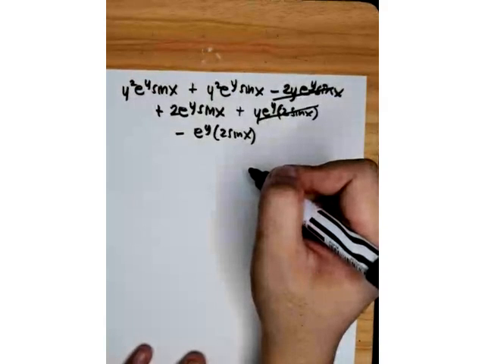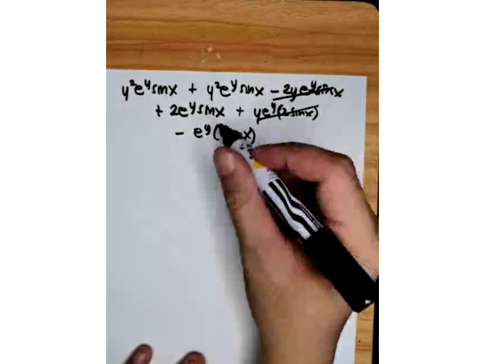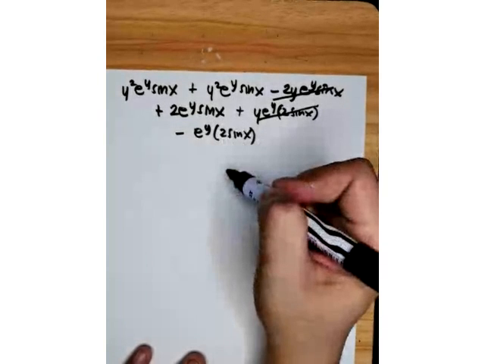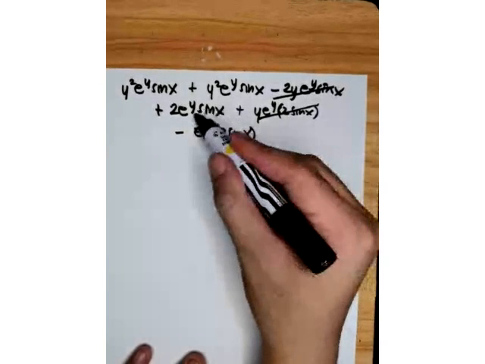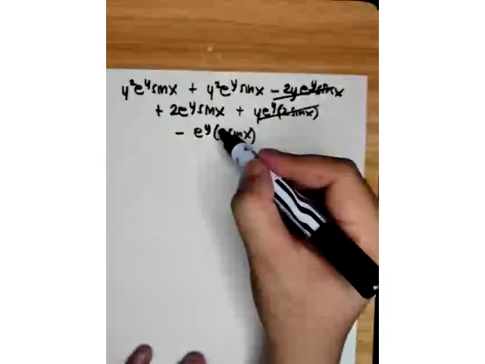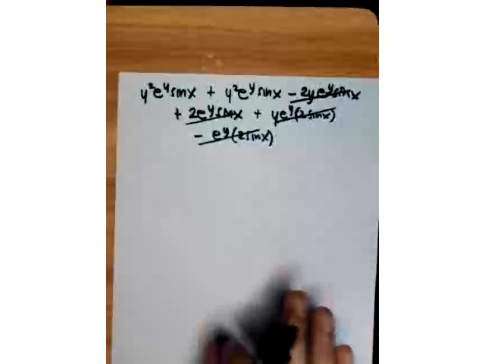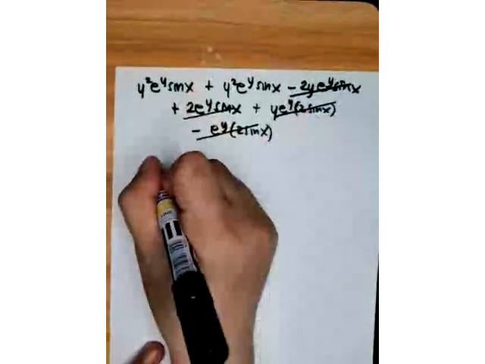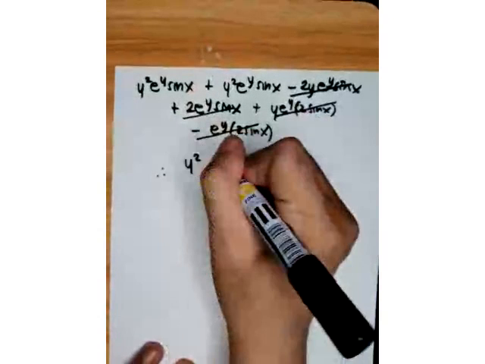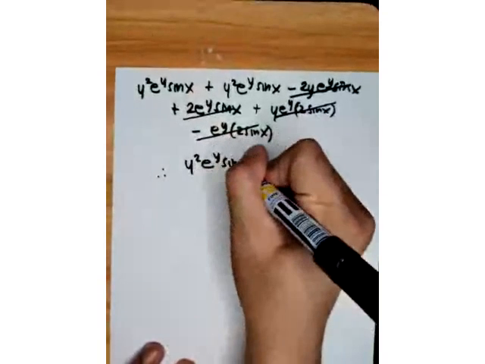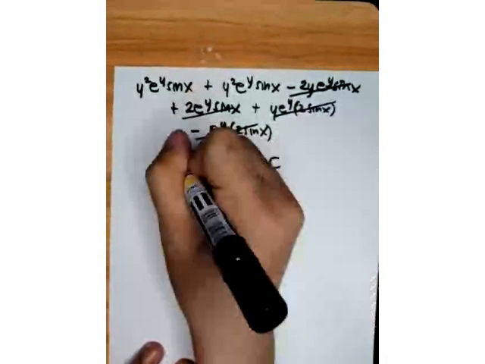Meron pa ba? Ito. Tama ba? Okay, maka-cancel din ito kasi opposite yung sign. So therefore, ito ba yung magkamukha? Yeah. So therefore, ang sagot natin ay y squared e raised to y sine x is equal to c.